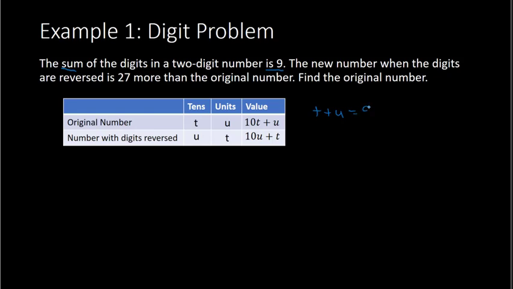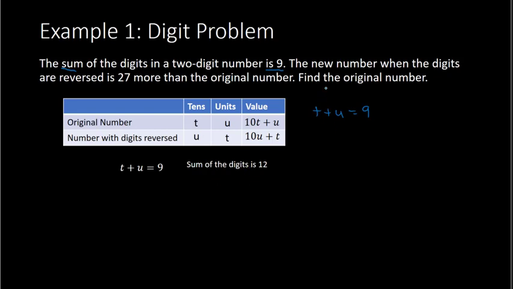So for example, it could be like 45, so 4 plus 5. Or it could be 63, so 6 plus 3. Something like that. Alright, so that is my first equation. We see it typed up over here. That came from the statement that the sum of the digits is 9.